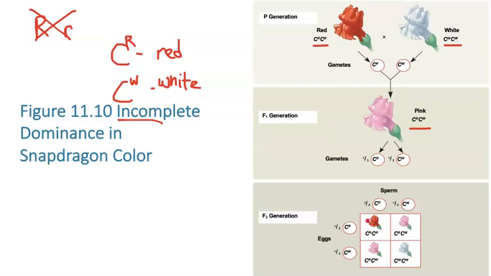So a quarter of our offspring would be red, 1/2 times 1/2, and a quarter of our offspring would be white, C^W C^W. And 1/2 times 1/2 is a quarter, 1/2 times 1/2 is a quarter, and you add them together. So 2/4 of them would be pink, C^R C^W, heterozygous.